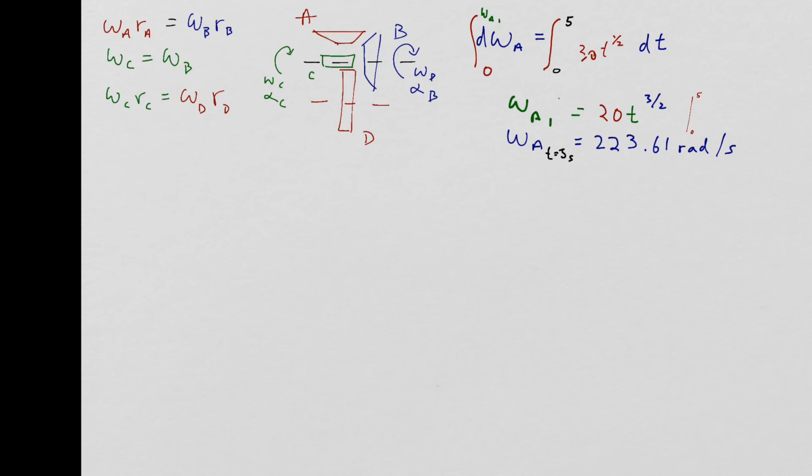And it will be about time for us to solve the second part of the question, which is we need to determine the omega D, which is the angular velocity of gear D. Okay, so which is here, if we want to take a look at that.